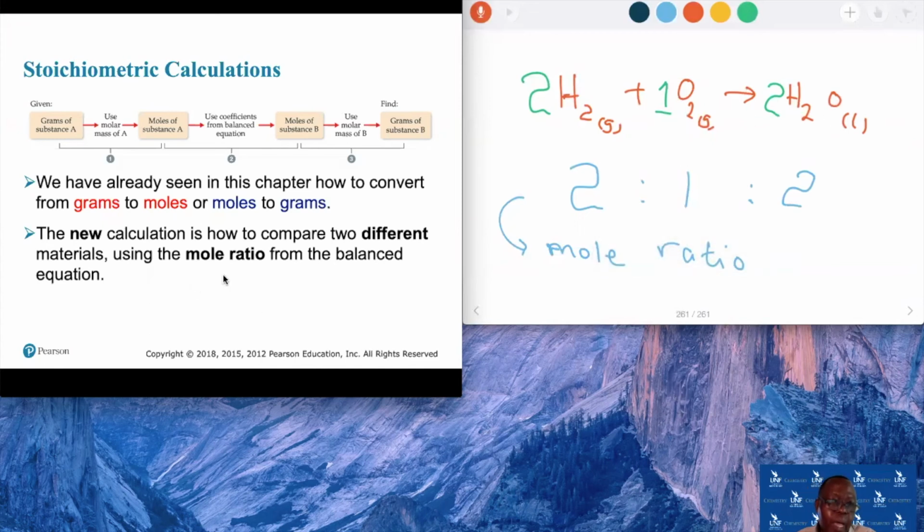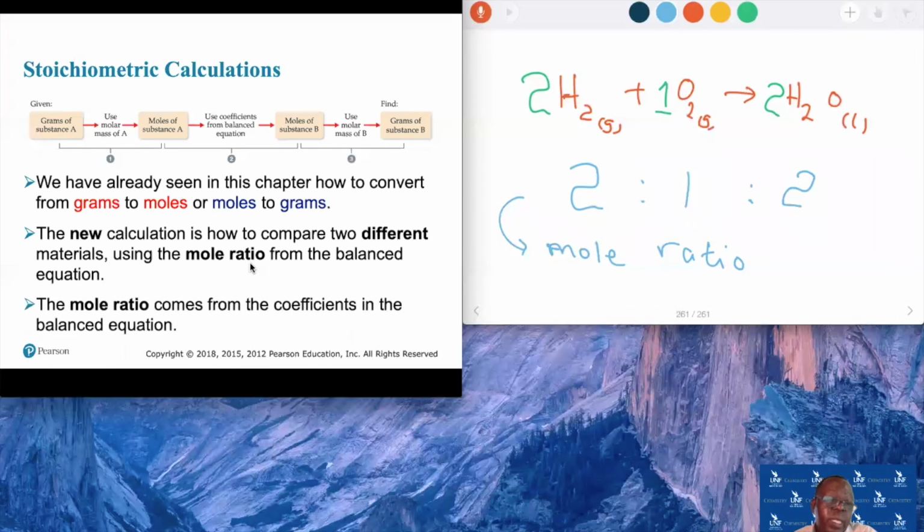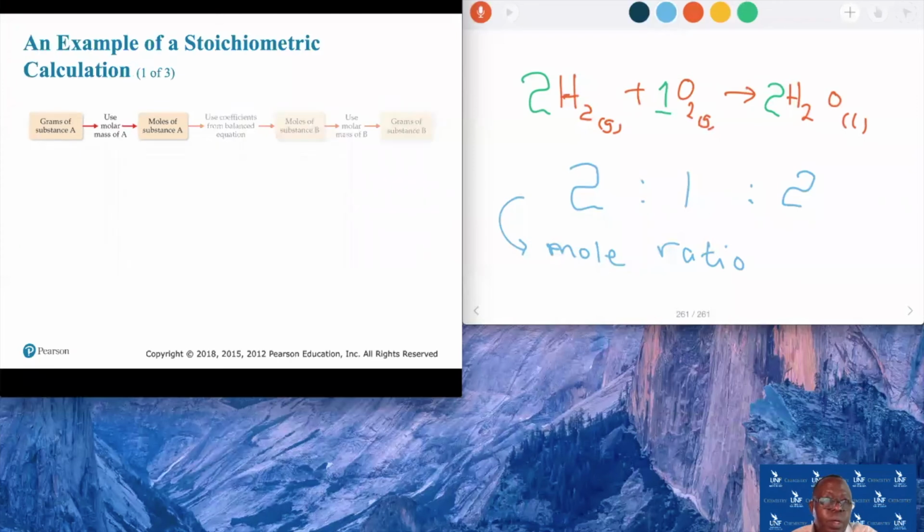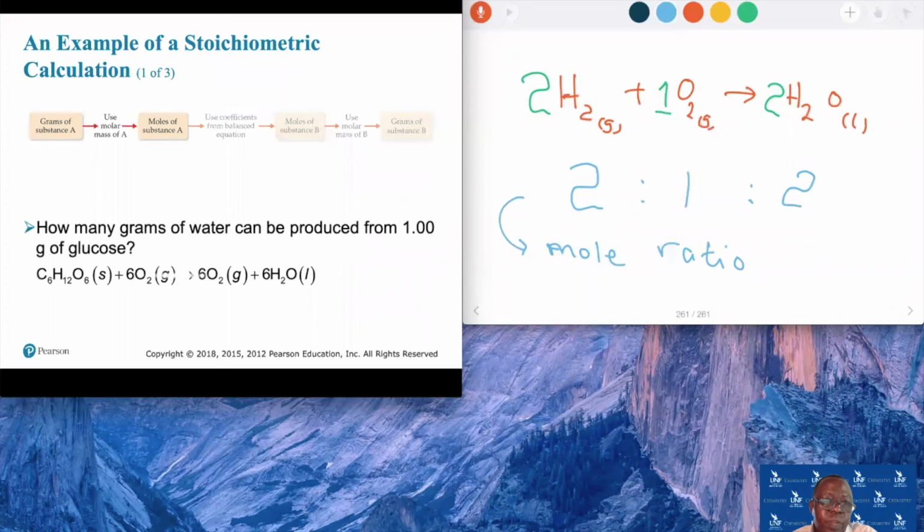That's what is meant by mole ratio, and it's basically the coefficient in the balanced equation. It comes from the coefficient in the balanced equation. If you have mole to mole, it is pretty straightforward. But if you are not given a balanced equation, then you need to balance the equation and take it from there.